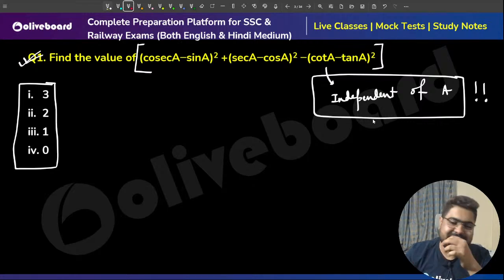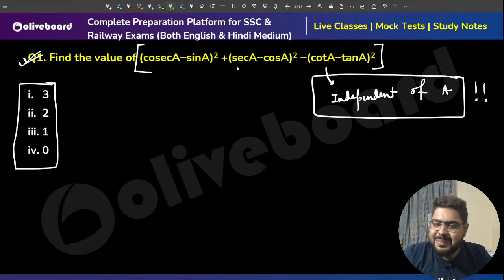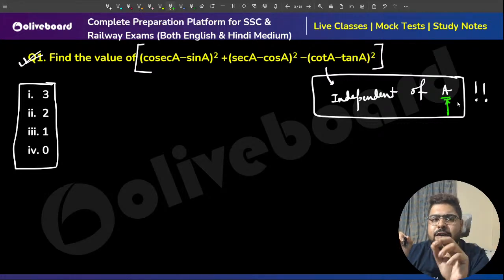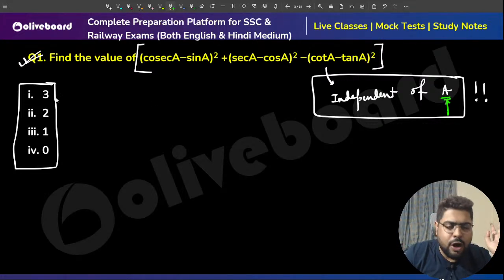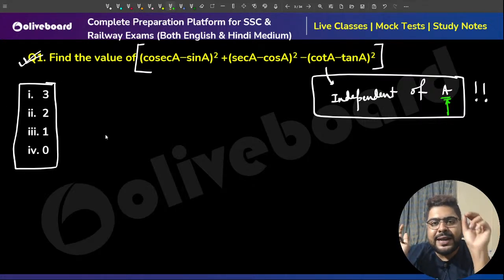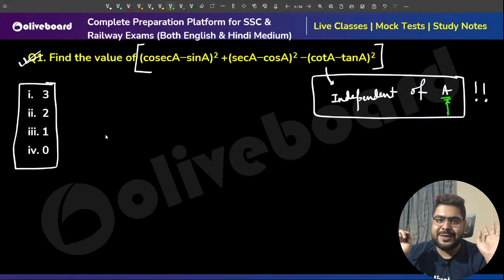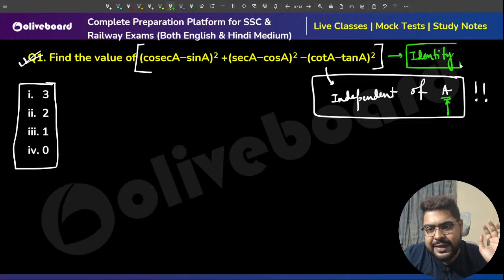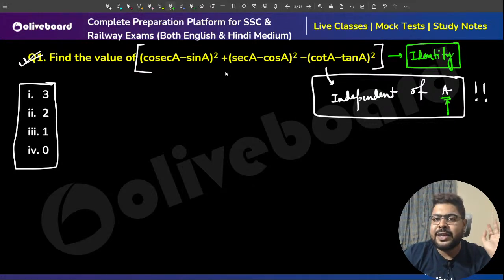Okay. Now, sir, coming over here, independent of A. Independent of A is certain, because all four options have no A involved. That means whatever value of A I put, these are called identities, sir. Meaning, whatever value of A I put here, it will work and give me the same value.